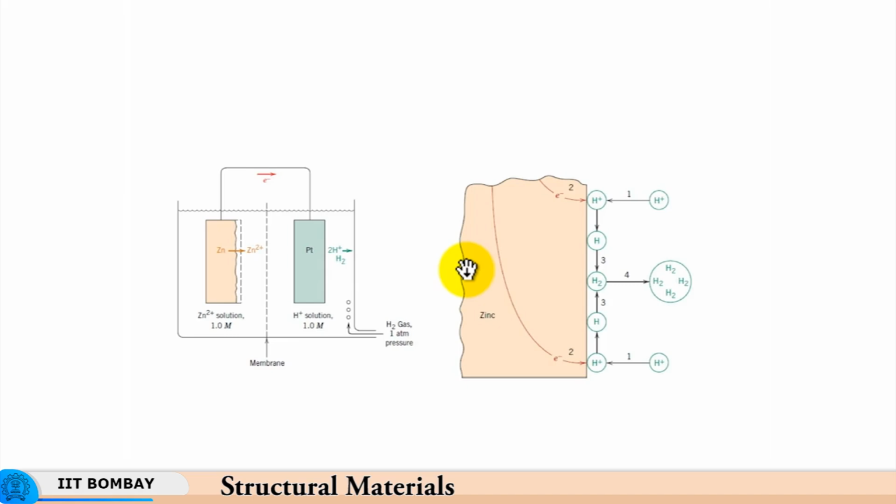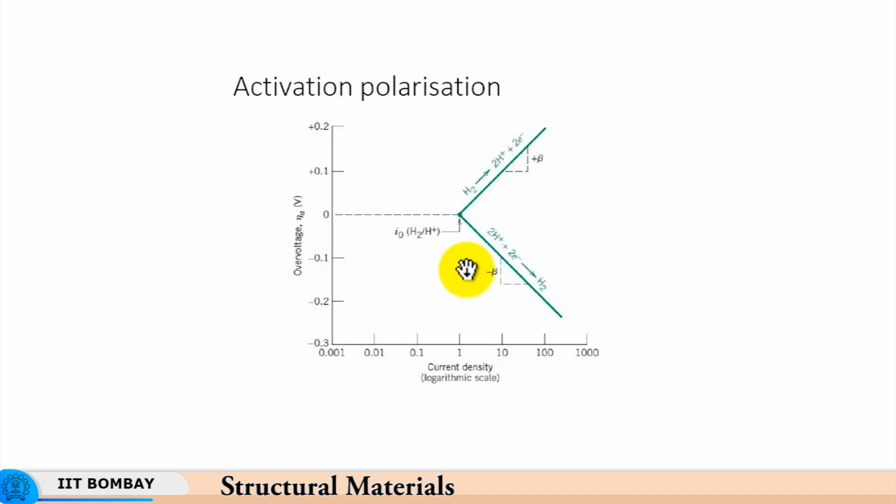Oxidation is taking place at one place, and then there is a reduction of hydrogen taking place at another surface, like at the platinum surface, and then you get hydrogen gas. So, you have two types of polarization taking place.